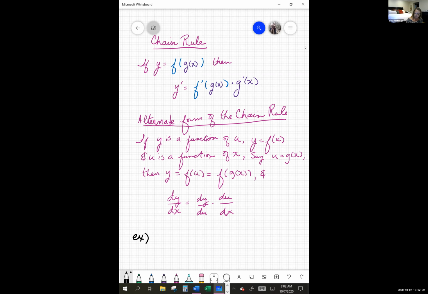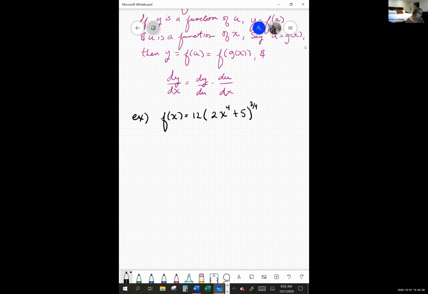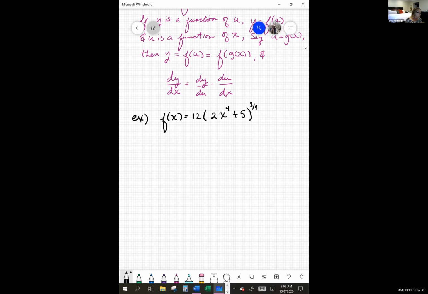How about f of x is equal to 12 times the quantity 2x to the fourth plus 5, and then that is all raised to the 3/4 power. So we want to find the derivative of each of the functions as follows.